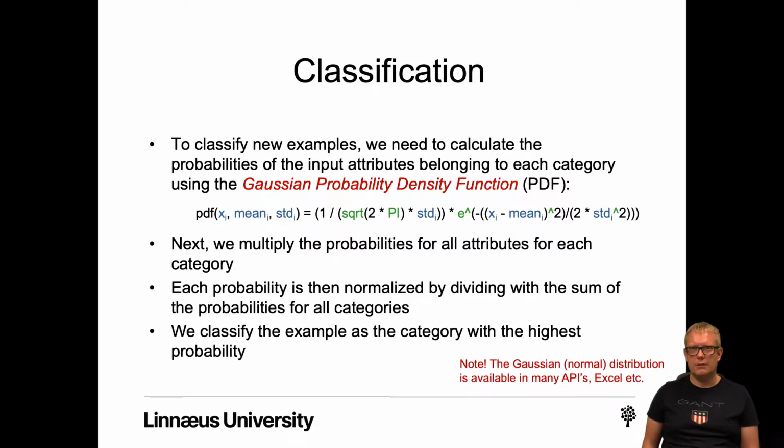And we classify the example as the category with the highest probability. And as a side note, the Gaussian, also called normal distribution, is available in many APIs and in Excel, etc. So we might not need to implement the actual formula to calculate it.